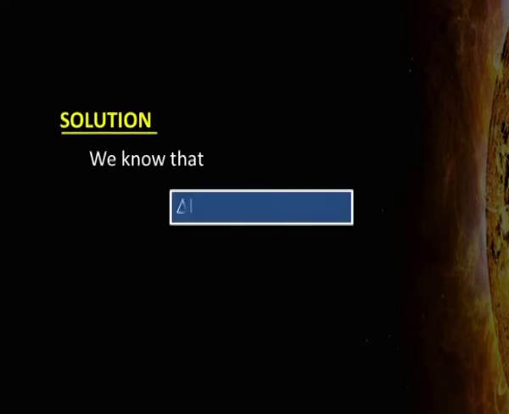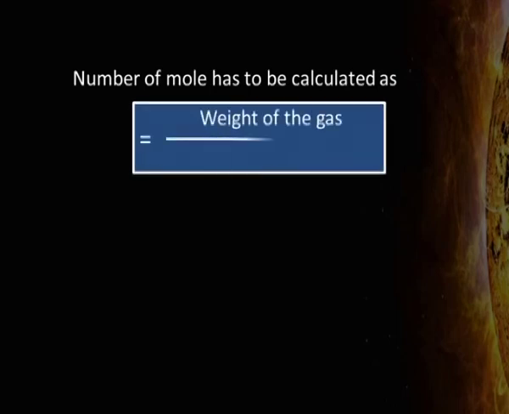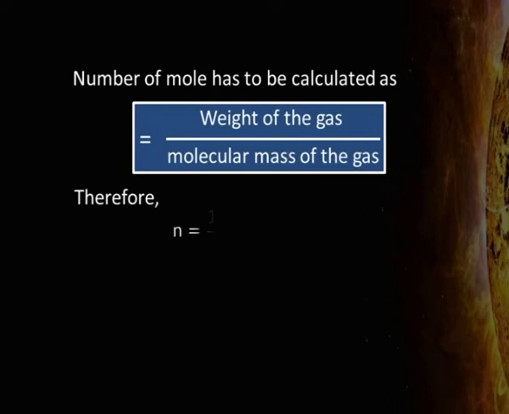You know that delta E is equal to n into Cv into delta T, which is equal to n into Cv into T2 minus T1, and delta H is equal to n into Cp into T2 minus T1. Number of moles has to be calculated as weight of the gas divided by molecular mass of the gas. Therefore, n will be equal to 128 upon 32, equal to 4 moles.